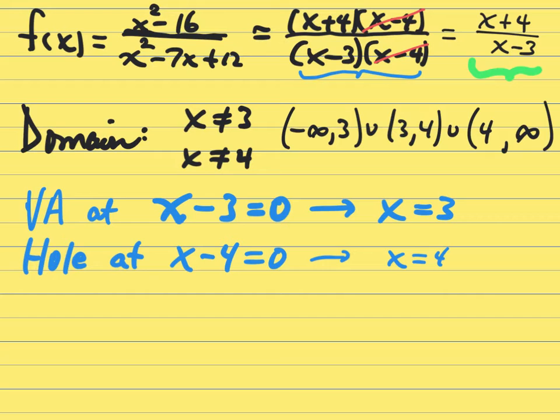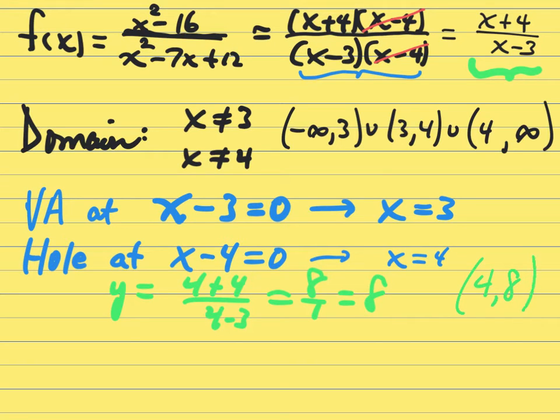So the hole will occur at the x value of 4, but the y value will be at 8. That's how you find the location of the hole.